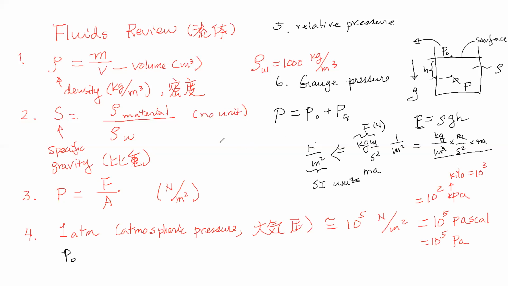So let me just be clear here. This P is equal to absolute pressure, absolute 绝对压力, right? It will be equal to P0, which is the atmospheric pressure, 大气压, plus you increase the height, so that's rho g h. This one here is your gauge pressure. That's your P G right there. So the relative pressure and gauge pressure in this case are identical.